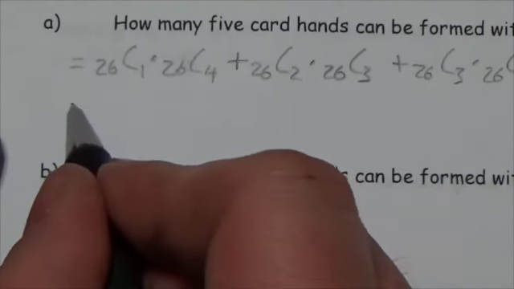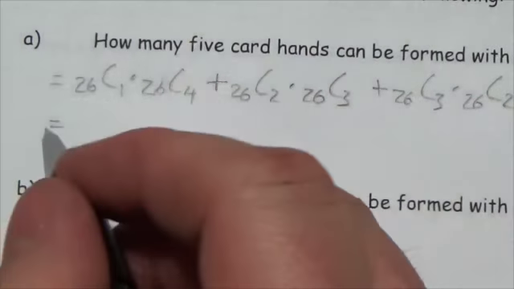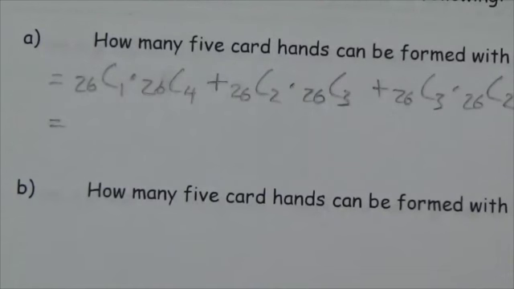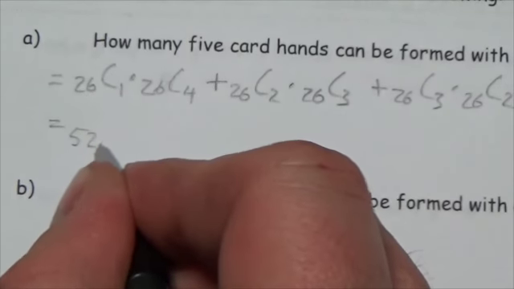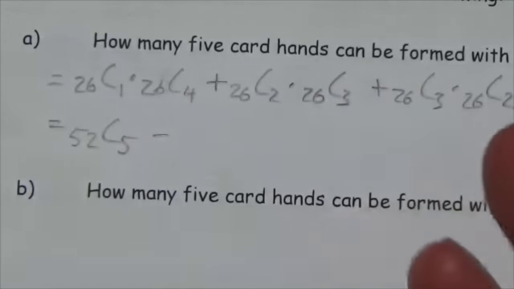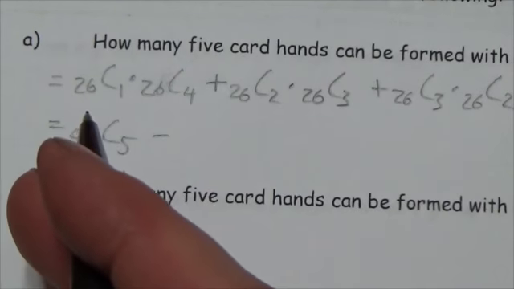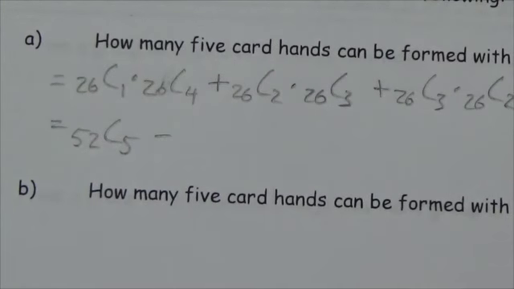This would also be equivalent to looking at the total number of hands that I could make here, and that's going to be 52 choose 5. And from that I'm going to subtract all of the possible ways I could do the exact opposite of what I'm looking for. I was looking for at least 1 black card, meaning I could have 1 to 5.